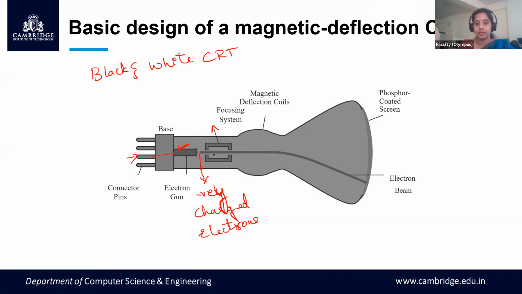Please don't go here and there. If some electrons go there, they will not come back, right? I want all the electrons to be emitted onto the screen. So I am using one focusing system, just to show them a path: please go in this path. That's nothing but a focusing system.